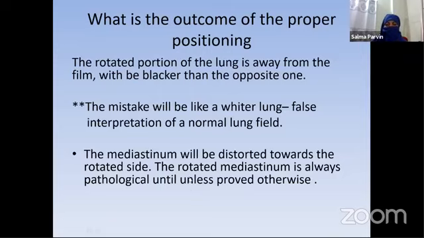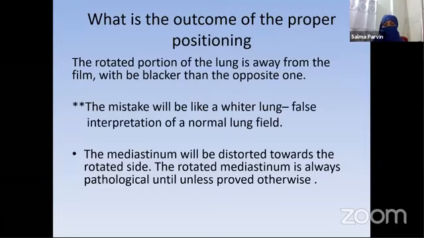And of course, the mediastinal distortion towards the rotated side produces another problem for everybody, because we know there will be no negotiation about the mediastinal placement. The mediastinum must be at its optimum location in a normal individual. If there is any mediastinal displacement, you cannot negotiate it.